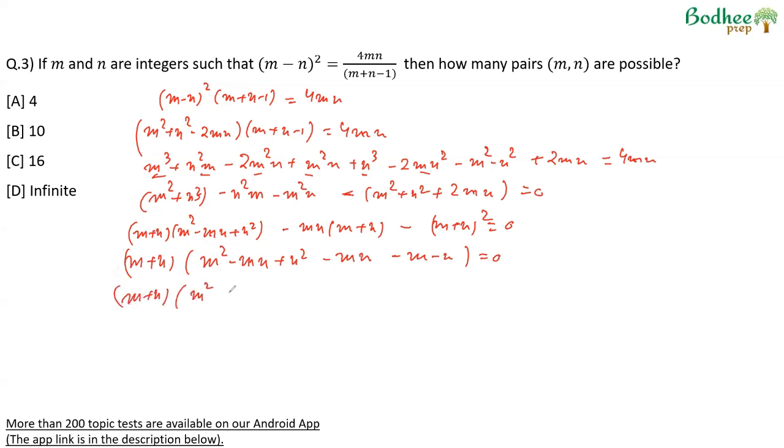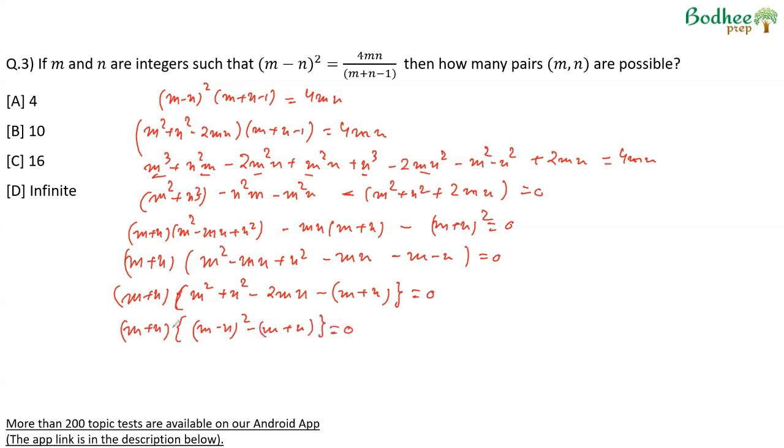Which means (m plus n) into (m square plus n square minus 2mn minus (m plus n)), again we can write this in bracket, is equal to 0, which means (m plus n) into this is (m minus n) whole square, (m minus n) whole square minus (m plus n) is 0.